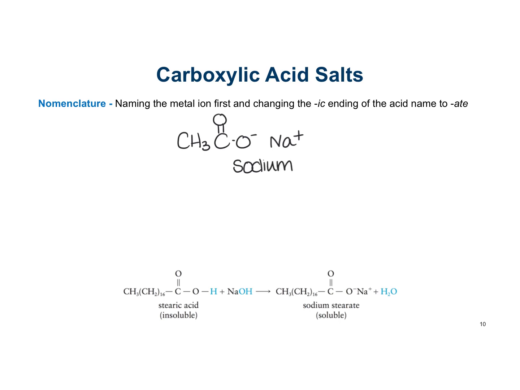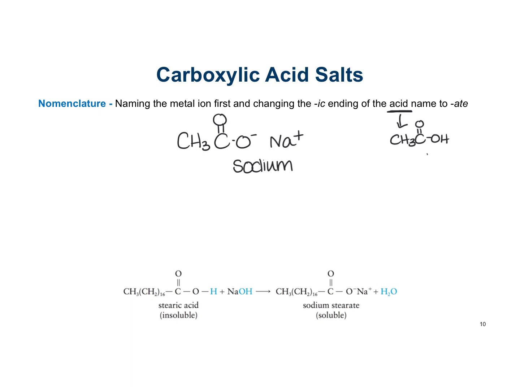Then we need to change the ic ending of the acid name to ate, and so this means you have to think about what the structure of the acid was. The structure of the acid here was CH3, C double bond O, OH, and this has two names.